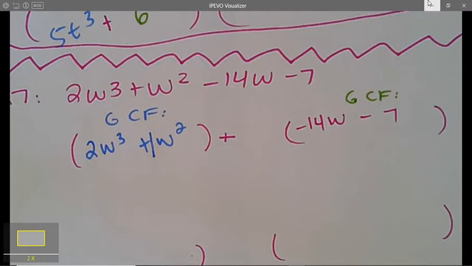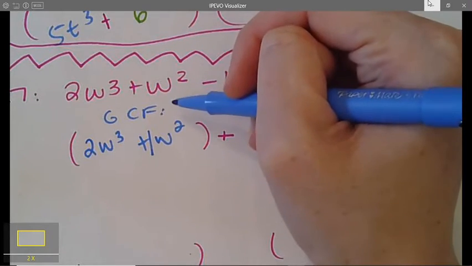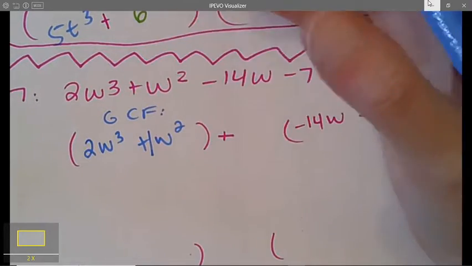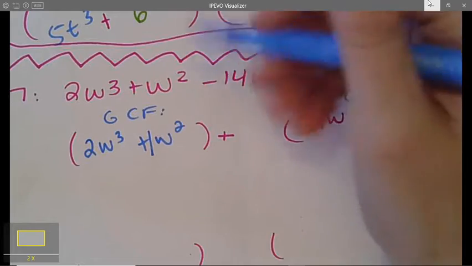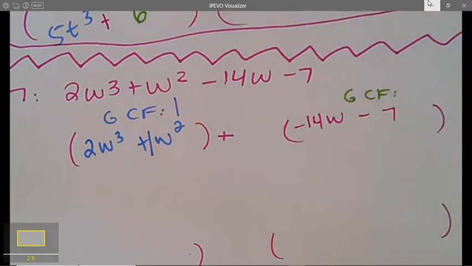What is the largest number that will divide into 2 and 1? It would just be a 1. So you can write 1 if you want to. Again, I'm a mathematician and we're lazy, so I'm not going to write the 1. But maybe I will actually. I'm going to write the 1 for now, but you don't have to.